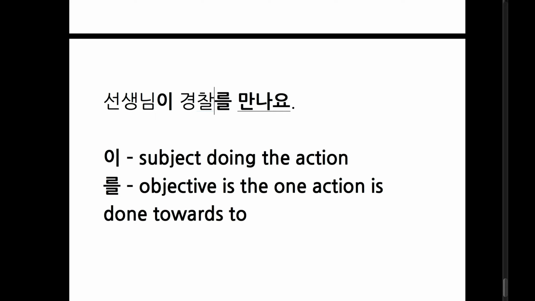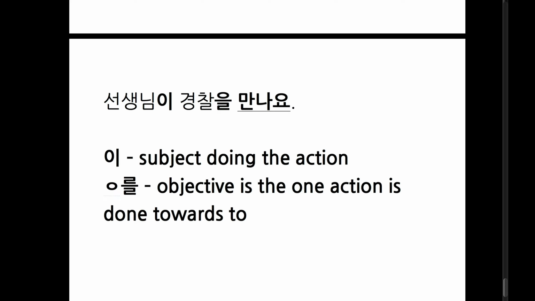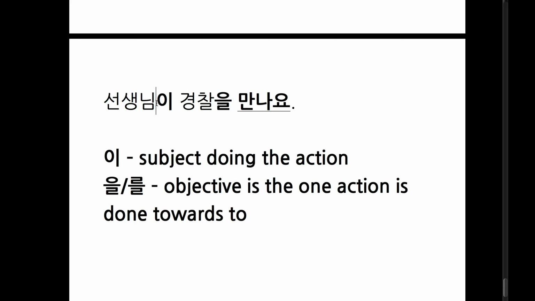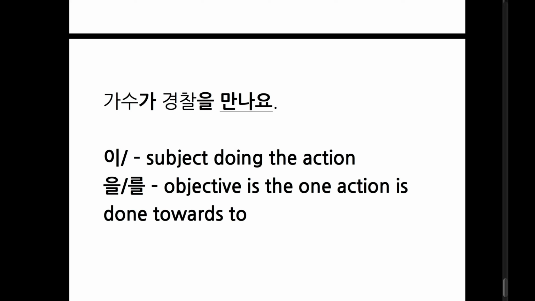So in this case, it should be 경찰을 만나요. So if there is a final consonant in front, the noun, you should put 을. Now, instead of 선생님, let's say singer, 가수. 가수 받침 없어요. So, 가수가. So, that's the difference. Okay?